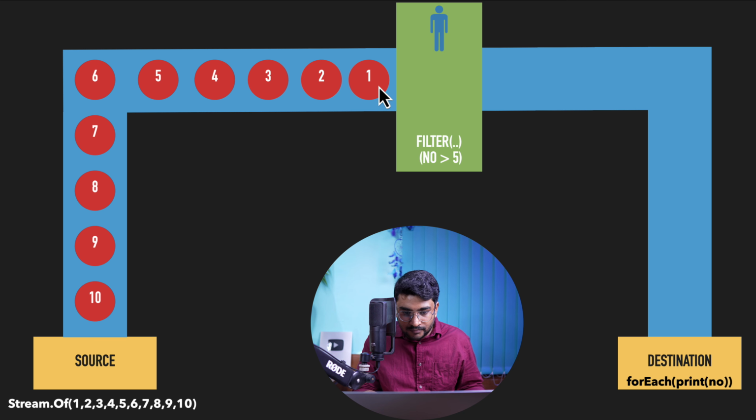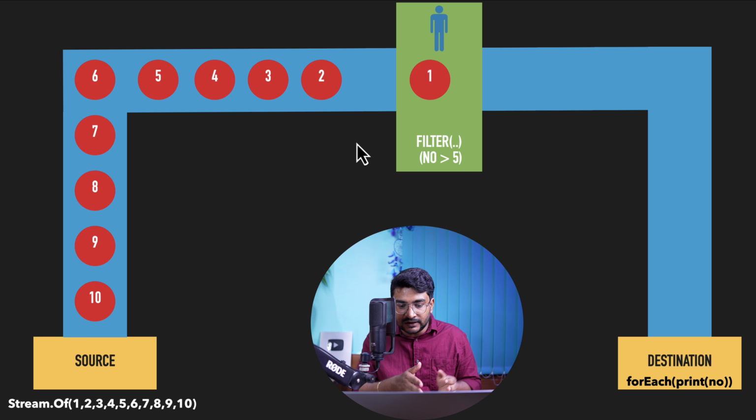So every number which is processed will be processed through this filter. Let's say 1 is going to be processed through this filter right now, and the filter has some logic. This guy is going to check if this number 1 is greater than 5. If it is not, it will not allow it to be processed through the pipeline. It will be thrown out of the pipeline.